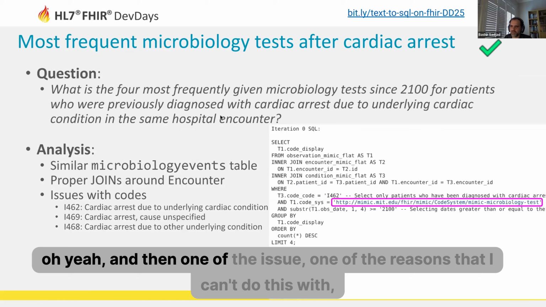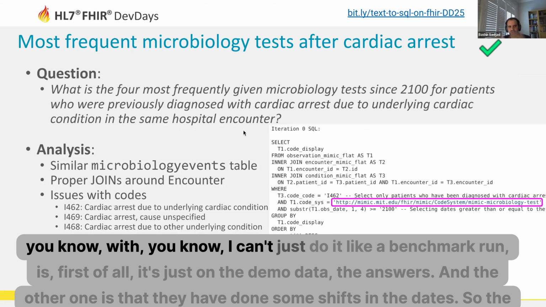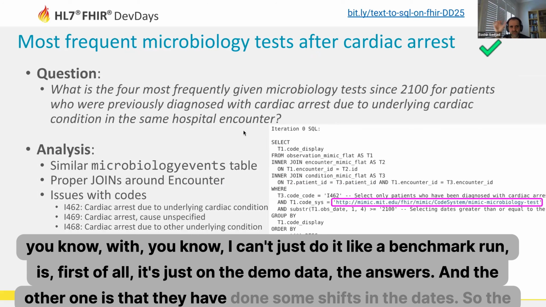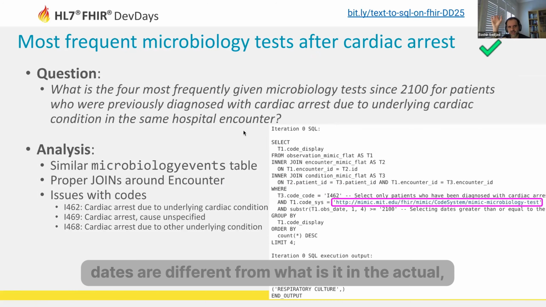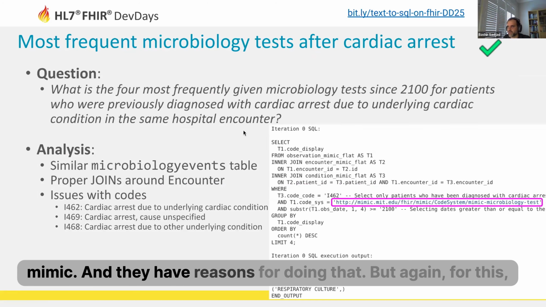One of the reasons that I can't just do a benchmark run is, first of all, that the answers are just on the demo data. And the other is that they have done some shifts in the dates, so the dates are different from the actual Mimic, and they have reasons for doing that.